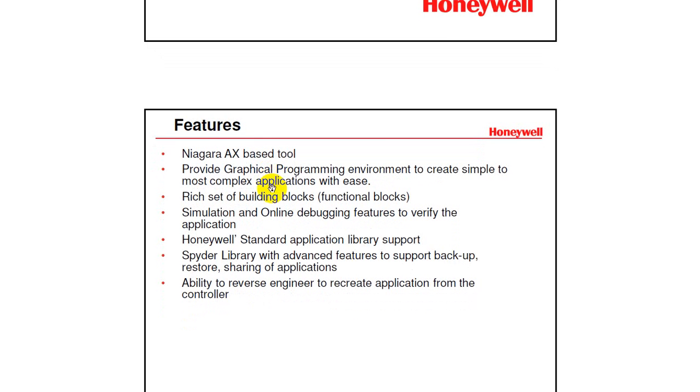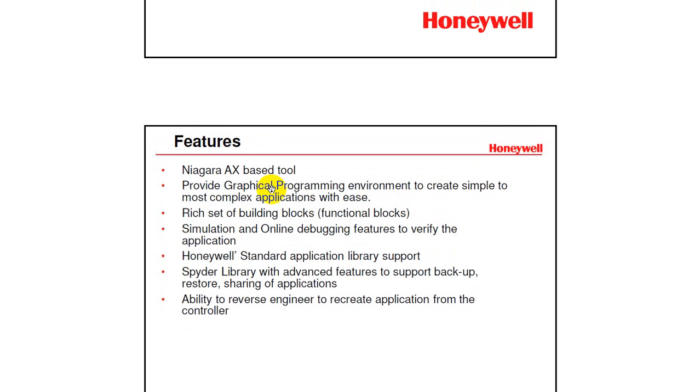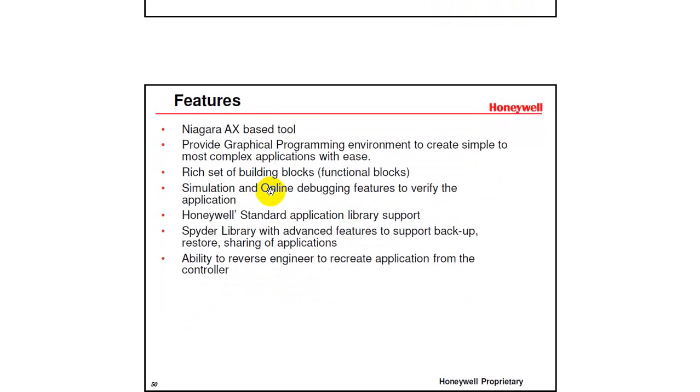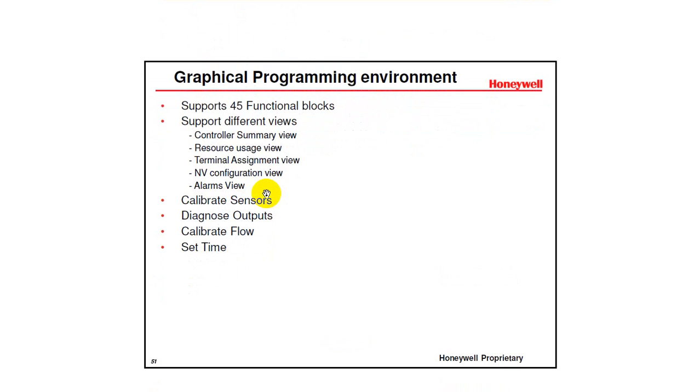It supports, and this shows some of its programming features, where you can see the graphical representation of your blocks. If you are using AND or OR gates, you will see that representation on your wire sheet. Then these are some versions of Spider tools that are present. As of now, the latest we are using is 6.1.1, so we will be using that version.